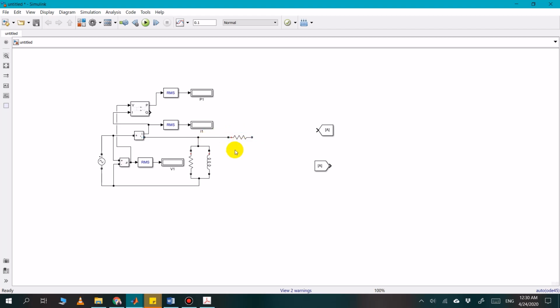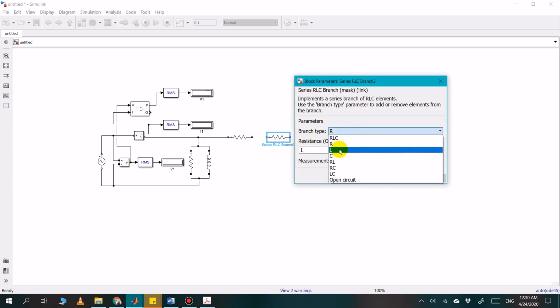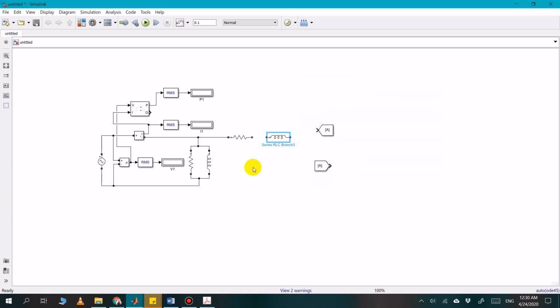These are the series parameters. Make it L. We will set the values later. Okay, so these are the series parameters.